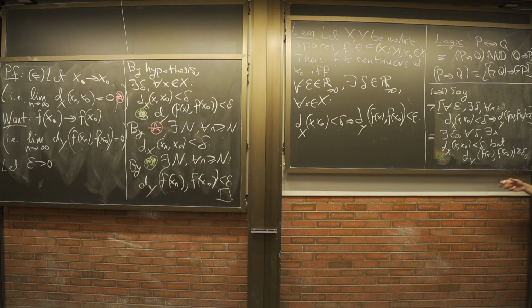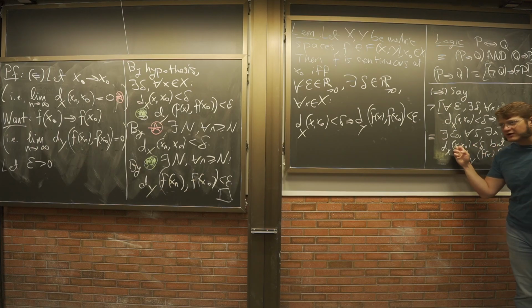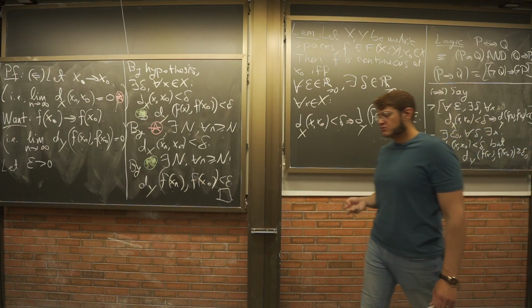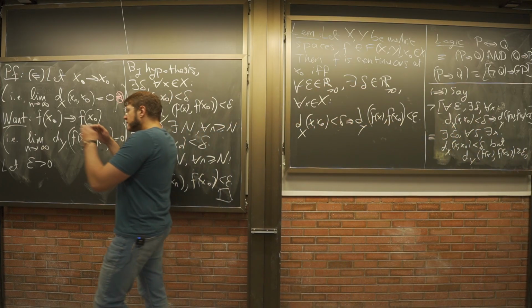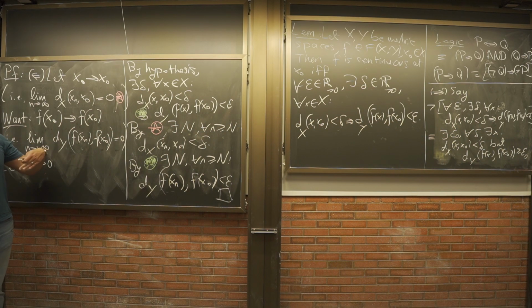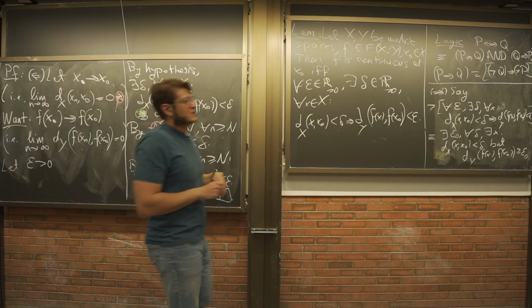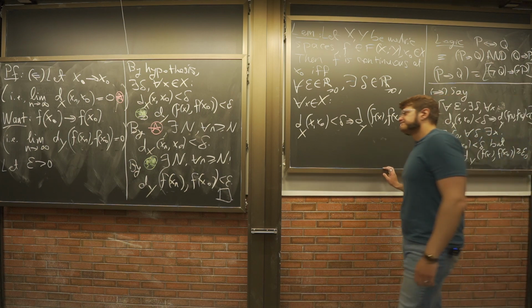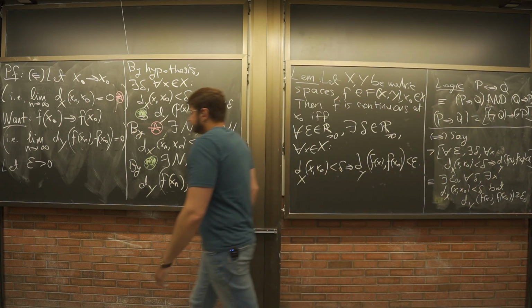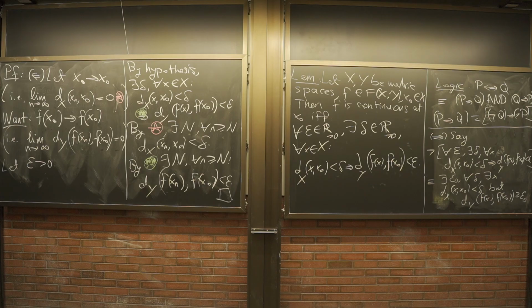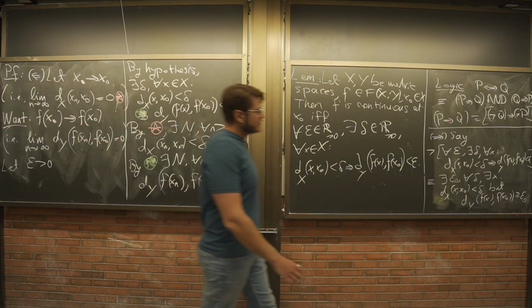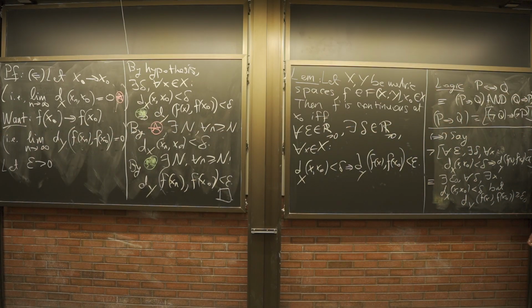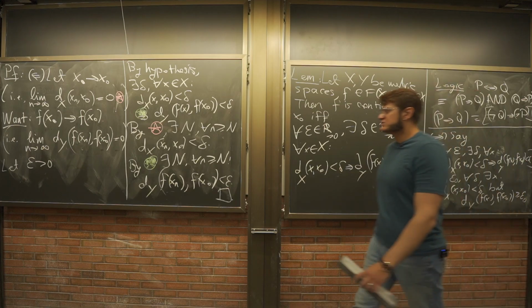For any delta, I'm assuming that there is some point within delta of x0 whose image is farther away than epsilon 0 from f of x0. I just cannot approach f of x0 using these specific points. From this statement, I'm going to farm a sequence that converges to x0, whose image stays away from f of x0, which is going to give me a contradiction for continuity.